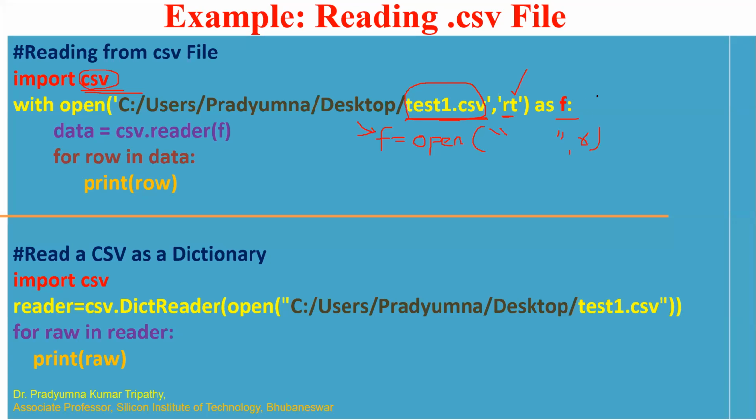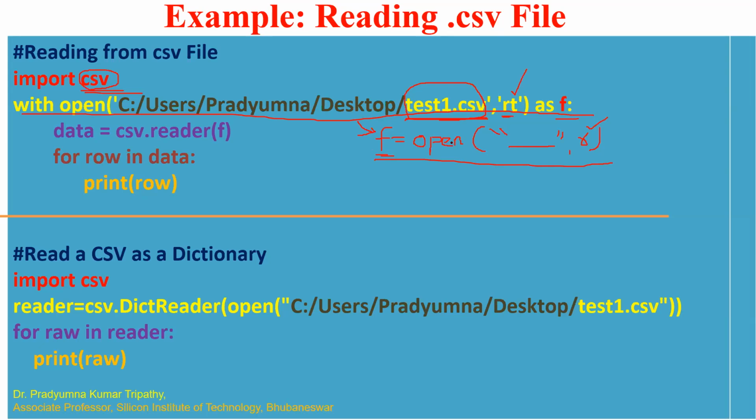You may write it in this way also. This is the same as what you have written over here. I think now it is understood. I have opened the test1.csv file in read mode, correct? And the file object is f.